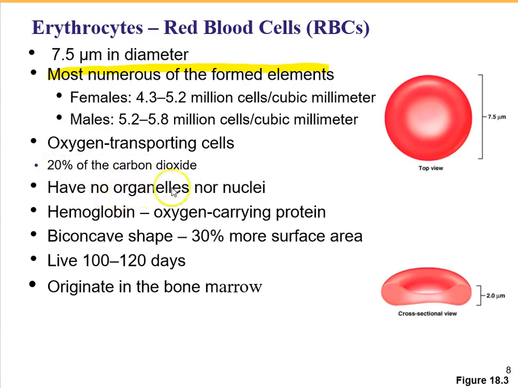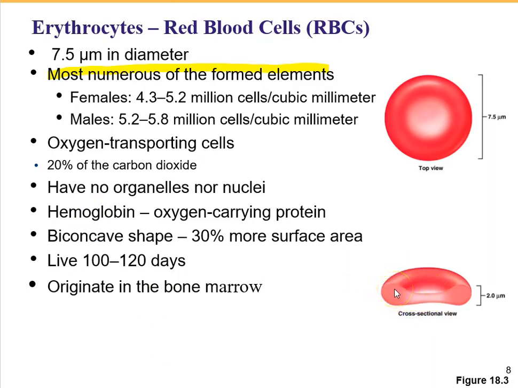So, not having nuclei or other organelles gives them more space to have hemoglobin, the important protein for carrying oxygen. Also, there is another cool fact: red blood cells have a unique biconcave shape, as you can see.